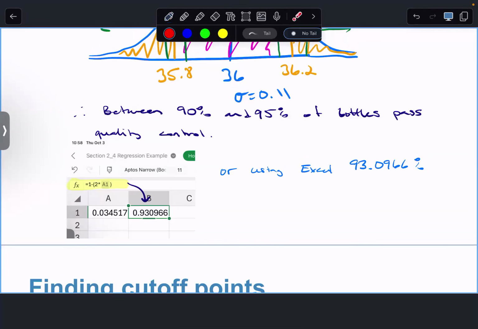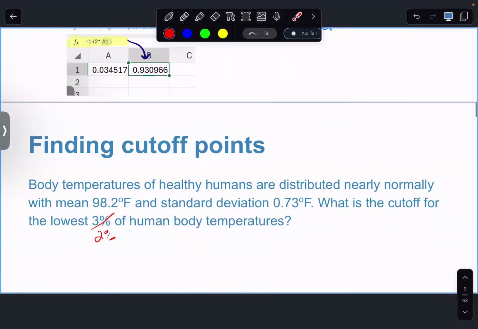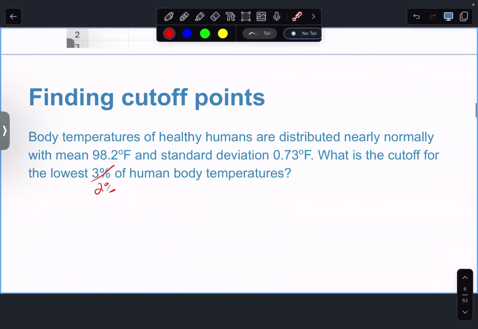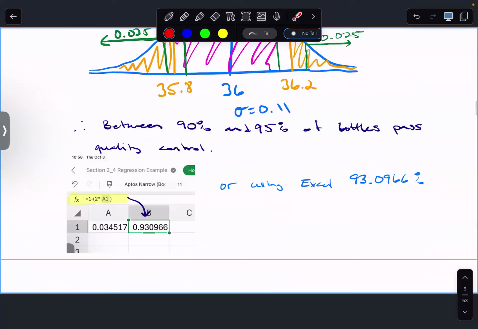But is 93.0966 between 90 and 95? Sure is. Nice. Any questions about that one? So mapping out the areas is going to be super useful, but it is going to take time and practice, right? Kind of practicing drawing those out.